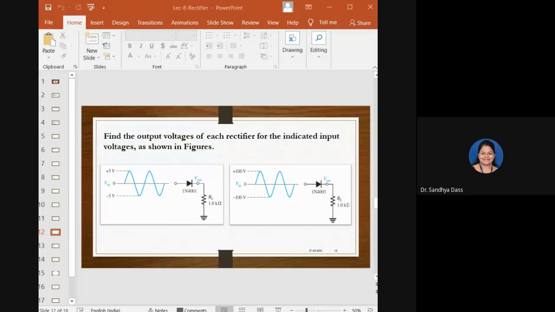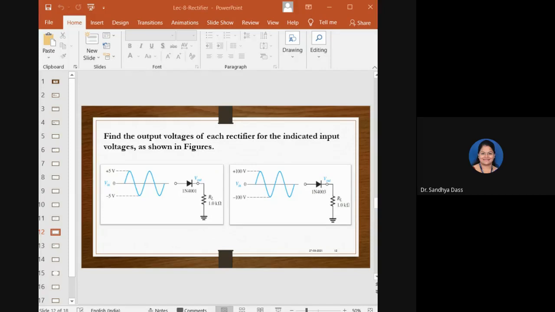If you neglect 0.7 there, then in the calculation of further parameters there will be a significant difference or error compared to the second one, all right? So generally we do consider the barrier potential of the diode used in the circuit for different calculations.